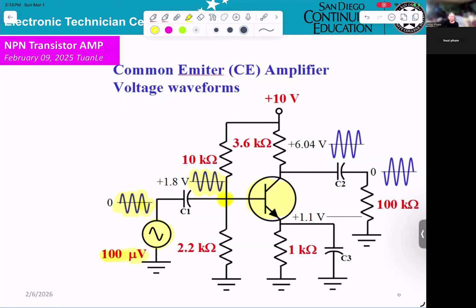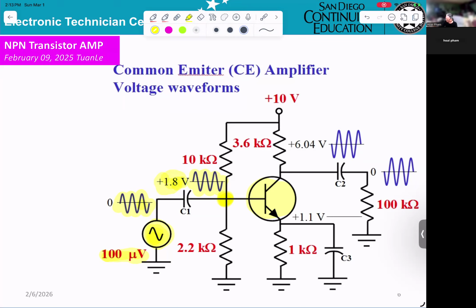C1 is DC blocking. That means any DC from the input signal cannot go to the base. However, if you're looking at the base, you will see two signals, not only one. First thing, you can see you get a DC voltage of 1.8 volt.